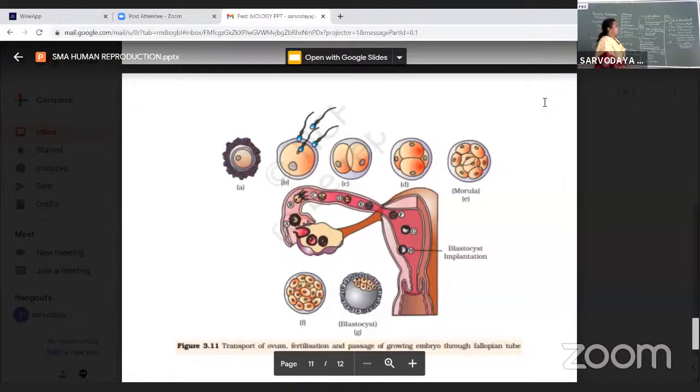So here, during the various months, what are the features we observe? End of the first month, heart is formed. End of the second month, limbs and digits are formed. End of the third month, major organ systems are formed. End of the fifth month, first movement, and hairs on the head are seen.